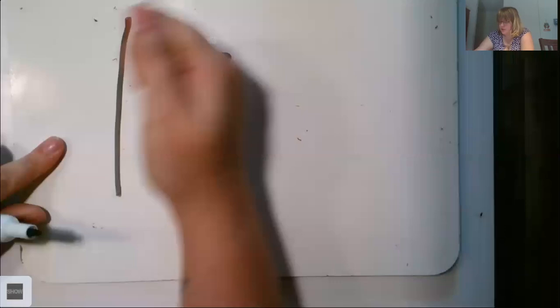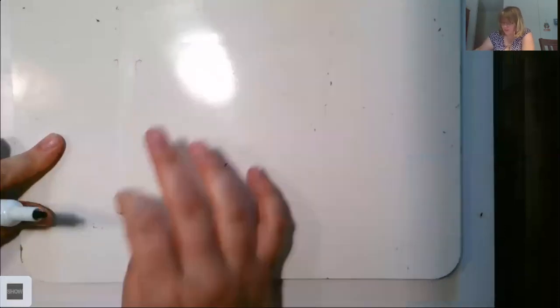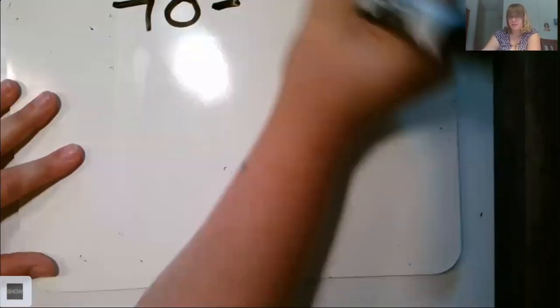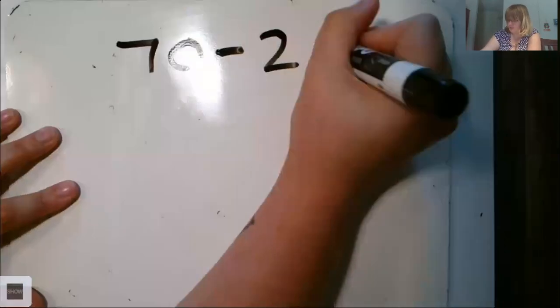So for this first lesson, lesson 11.1, we don't even have to worry about the ones. They're going to be nice to us. And all we have are groups of 10. So the first problem that I'm going to try with us is 70 minus 20.